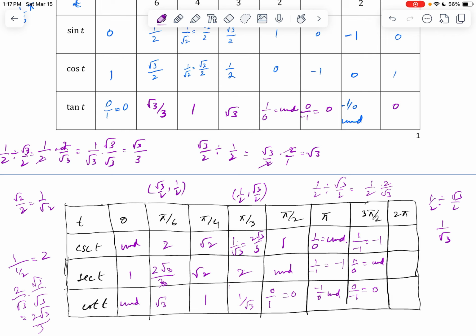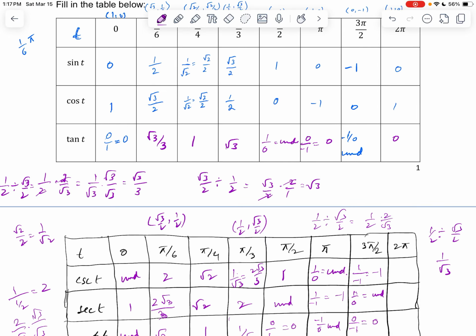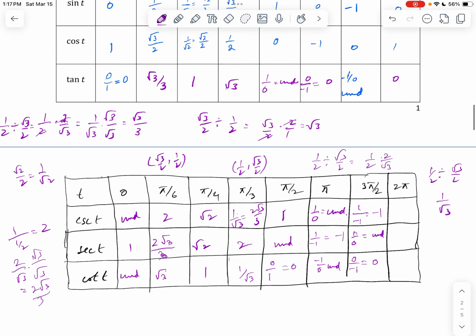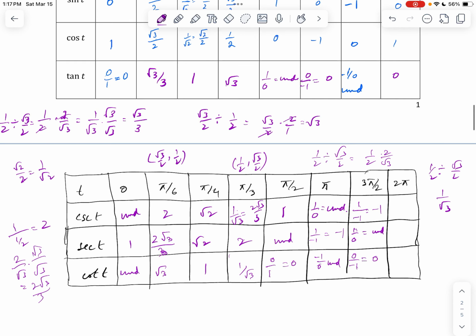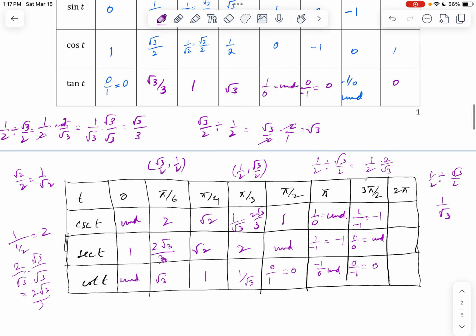2 pi. It will have the same things as we have for 0. So this will be undefined because for 2 pi the x coordinate is 1, y coordinate is 0. The cosecant of t is 1 over y, so 1 over 0, so undefined.